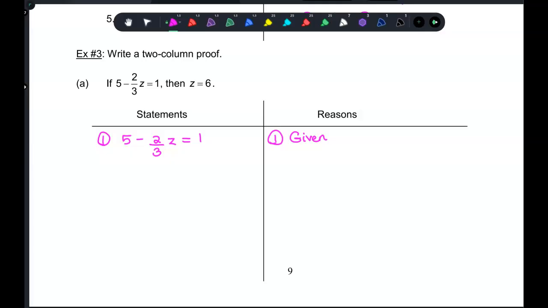Your proof can look completely different than the person sitting next to you, as long as we end up with z equals 6 at the end with correct algebra, then we're okay. All right, now, what do you think? There's a couple things we could do. So we're going to solve this. We're going to create our own proof.